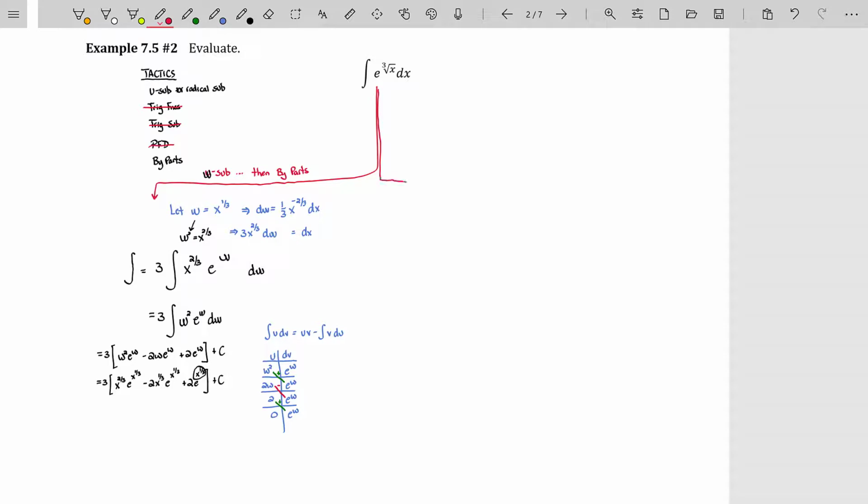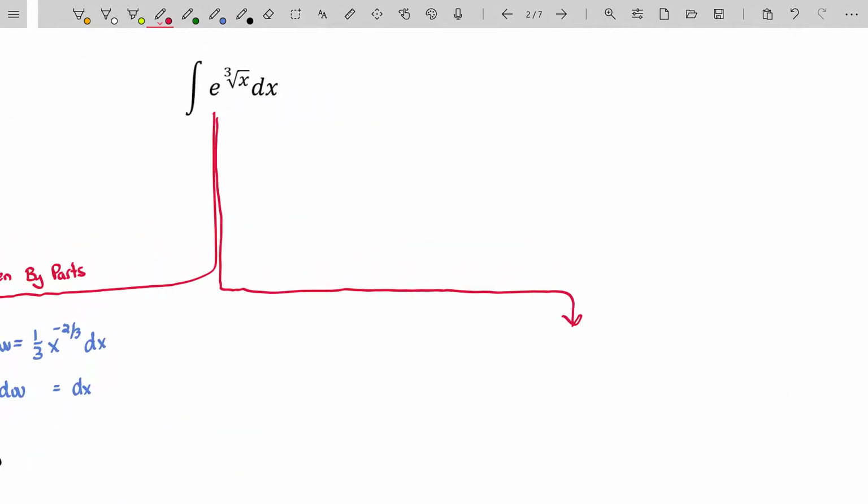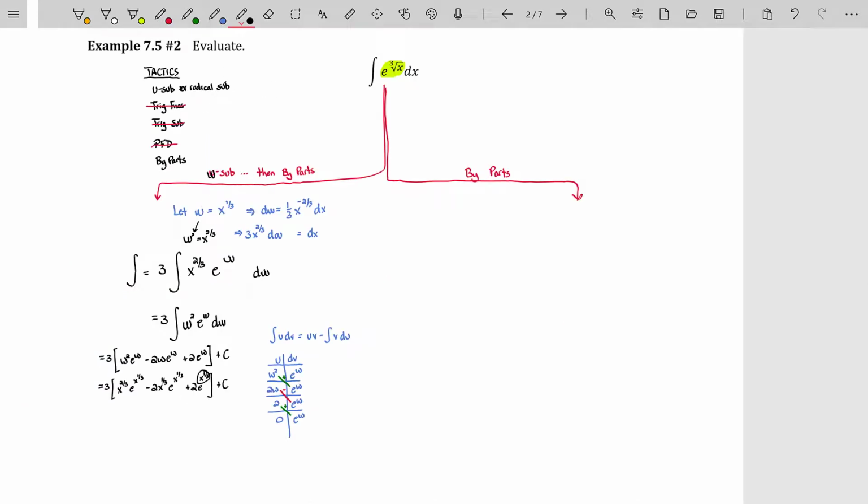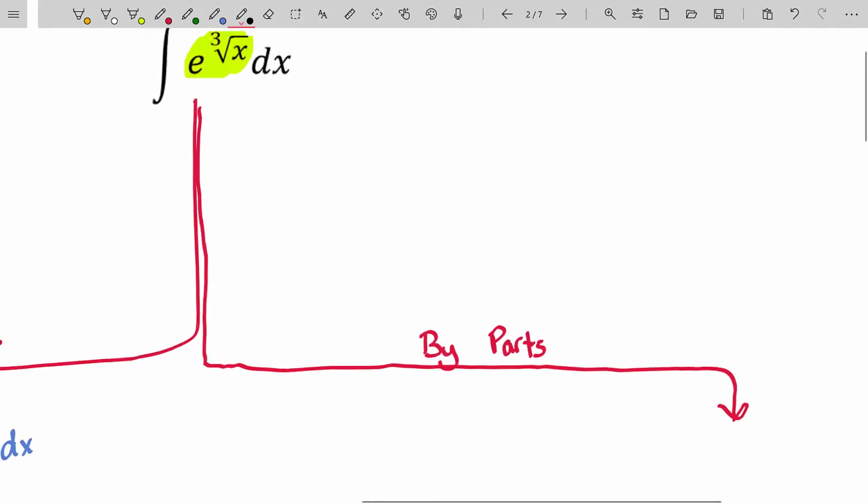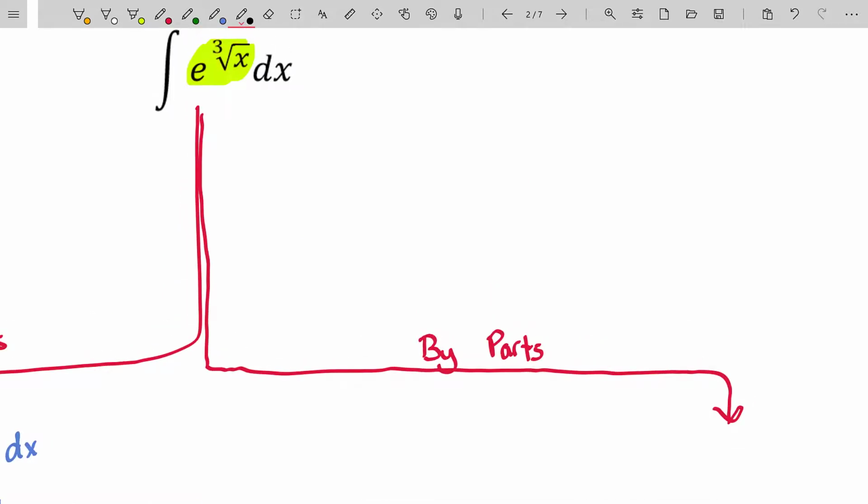However, if you're like my students who are pretty darn good at this stuff, then you would do just by parts. Now, I have to be honest with you, I had the best of intentions of doing the other way, like how my students do it, where I just do by parts from the get-go. And I even stated that at the beginning of this problem. However, when I started doing it, it did not work out.